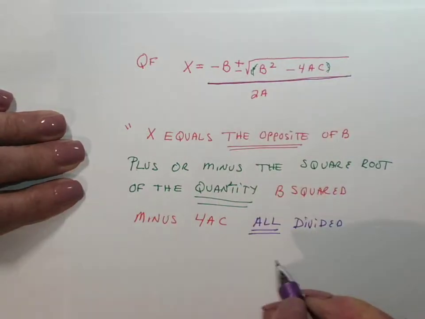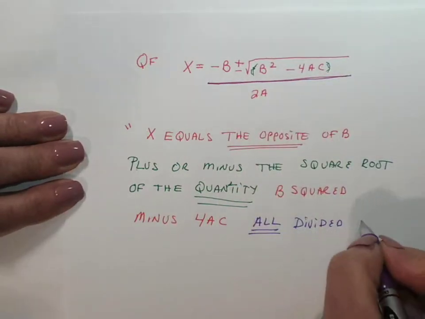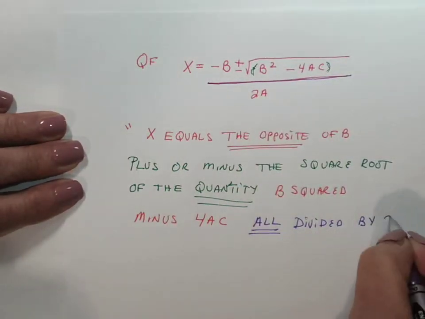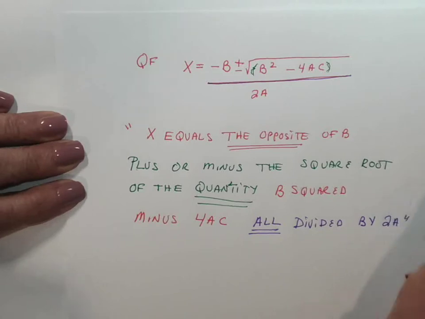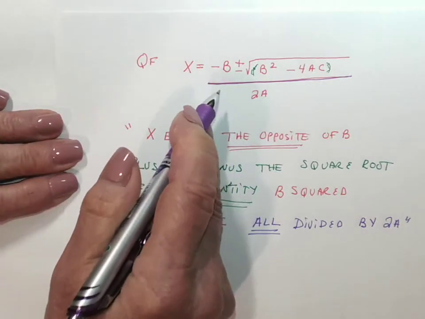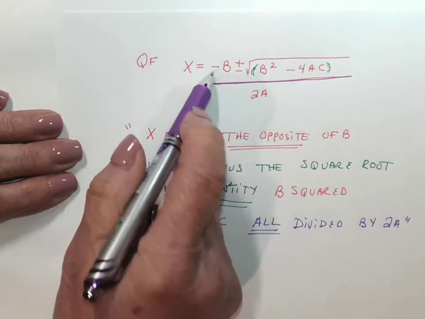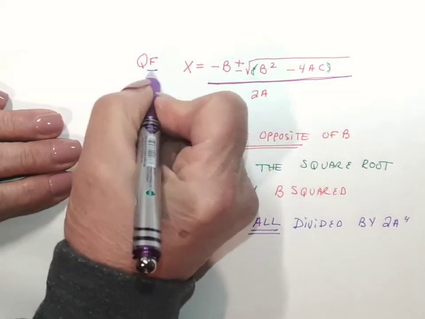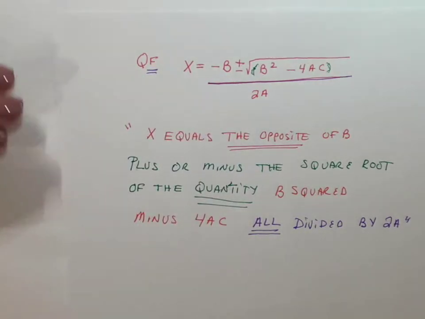Everything on the top is all divided by 2a. So the words really help you make sure that you get the quadratic formula correct.